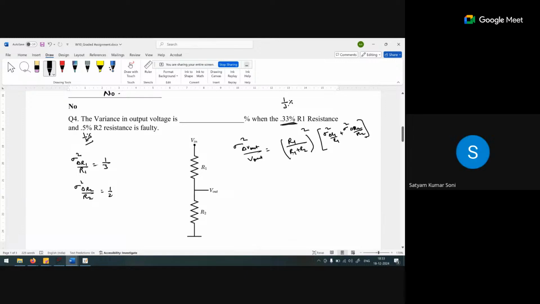Either I can put it in the normal form, so I can write it as 1 by 300 and 1 by 200. But again we have to convert into the percentage, so I just put this value in percent form. So 1 by 3 square plus 1 by 2 square, and this value is in the form of percent.